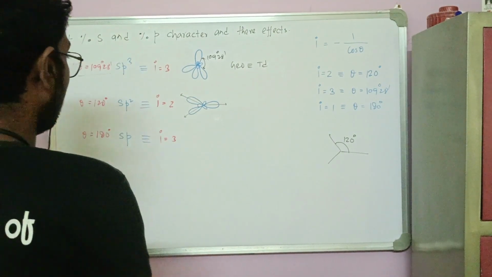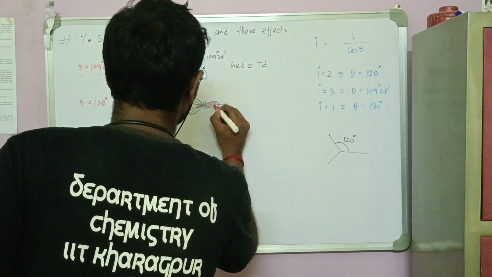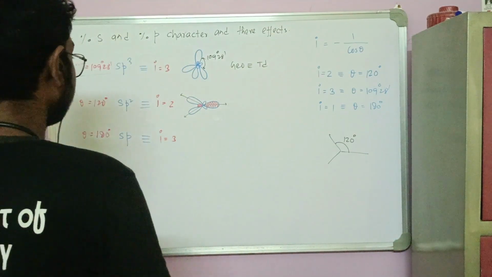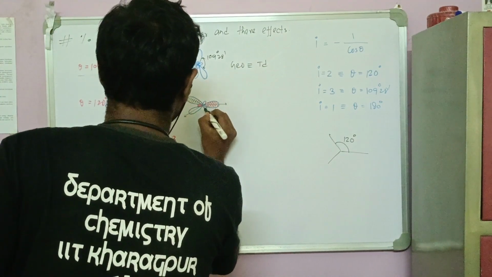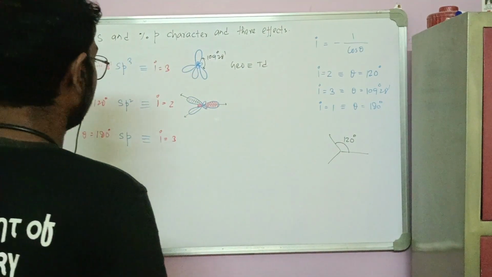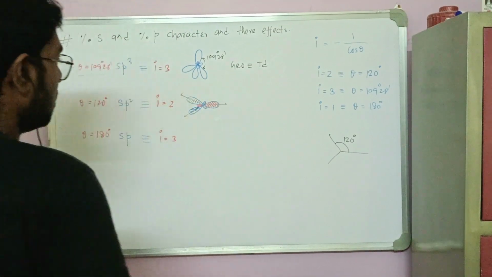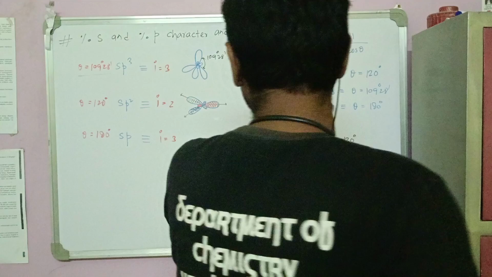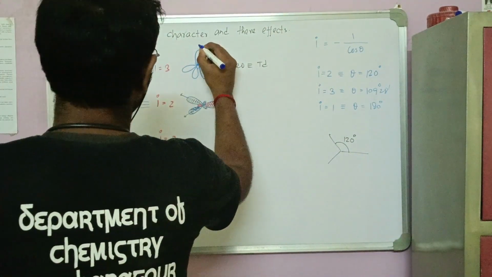One sp2 hybridized orbital is this one, another one, this one, and the last one, this one. And to get 109 degrees 28 minutes, we have to get four sp3 orbitals.